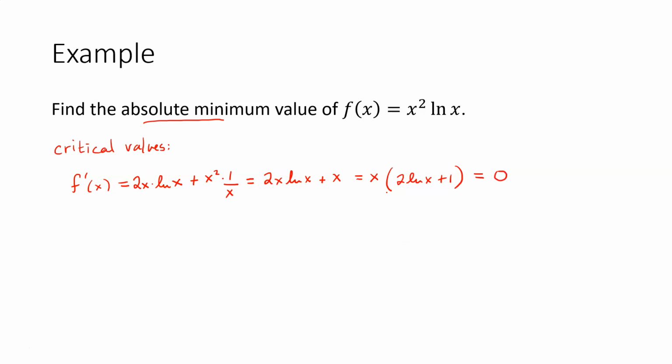So now when I set this equal to 0, I have 2 points that I can consider. So the first one would be when x is equal to 0. And the second one would be when 2 ln x plus 1 is equal to 0. Here, if I solve for x, let's see, I would subtract the 1, divide by 2, and get ln of x equals negative 1/2. So switching this to its exponential form, I have x is equal to e to the negative 1/2 power.